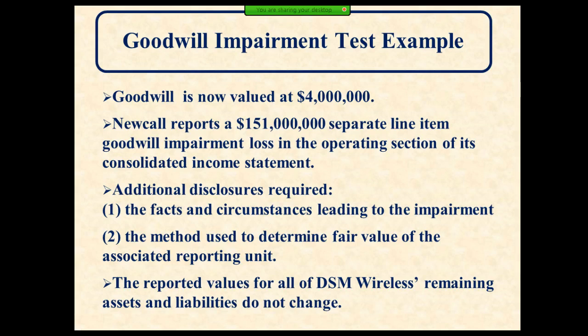It's going to need to disclose what happened, the method they used to determine the fair values of that reporting unit, and the reported values of how they determined, how they calculated the fair values. And again, what has been reported as the assets and liabilities aren't going to change in the books.